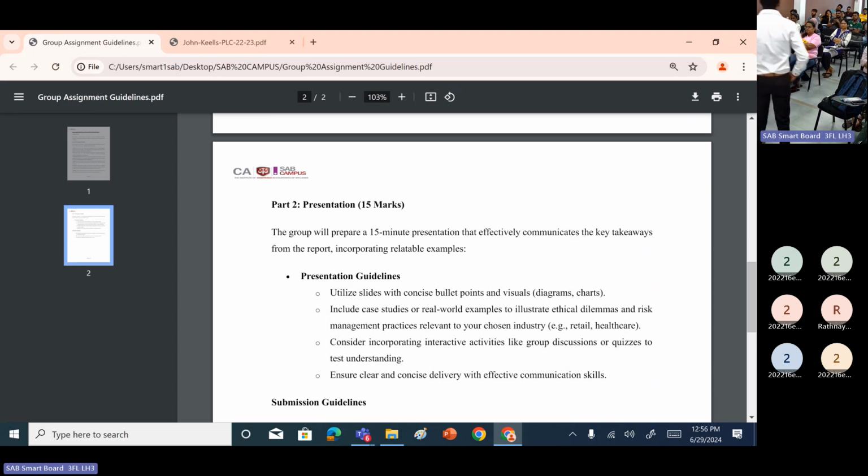What people normally do in the university is take all the things into the presentation and just read it. That is not the requirement. If you are doing like that, the 15 marks will be reduced from 14 to 10 to 5 to 0. So that is the requirement.